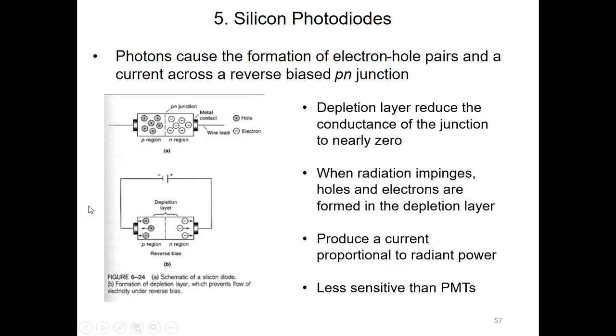So the current is proportional to the radiant power, or the power of the incoming radiation, right? The generated current is proportional to the power of the incoming radiation, and that is proportional to the signal which will appear in the readout device. So that is how we can detect the incoming radiation.